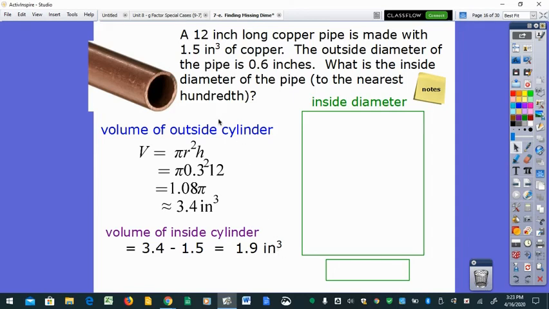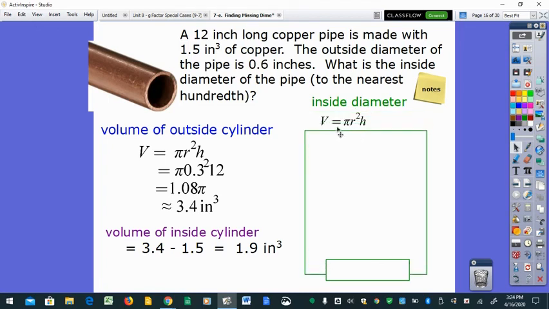And what I want to do is find the diameter. I'm going to start with the radius of the hole of the air inside. So I have the volume and I have the height, but now I need the radius. So now I'm doing the inside diameter, where we're talking about the volume of the air inside, basically. So there is my cylinder.